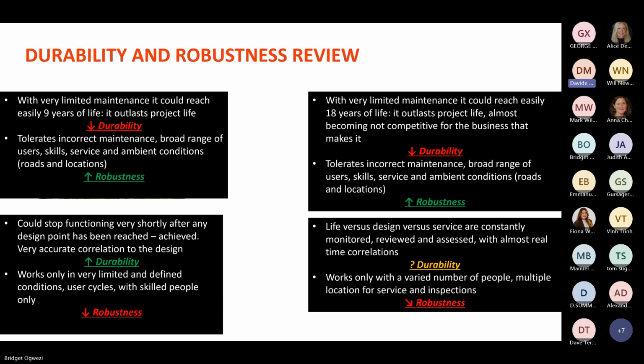Going into the aerospace example, as you can imagine, for different requirements, nobody wants to see the device fall apart because it is in the sky. So the durability is somehow unknown. The vehicle, in this case the plane, is taken off service whenever you reach one of the design conditions without really checking if it could do other stuff. Again, this is an extreme example, just to make you think about that one.